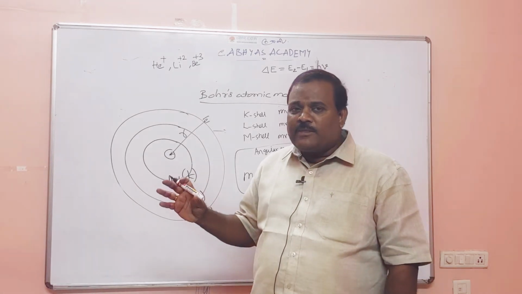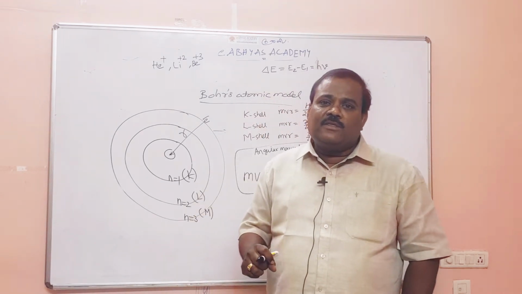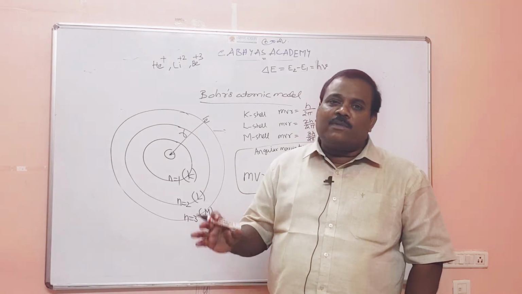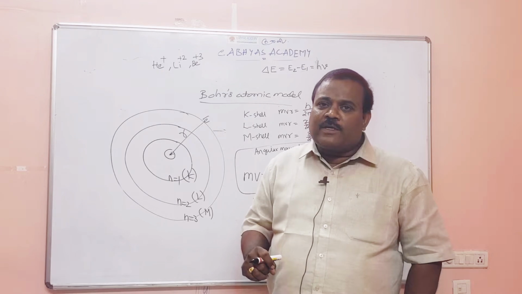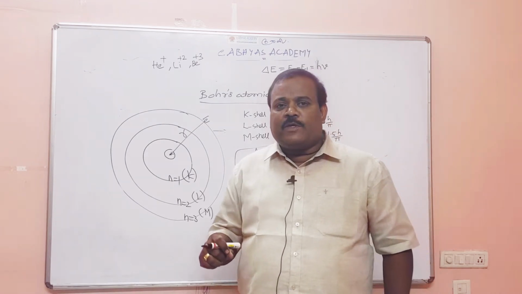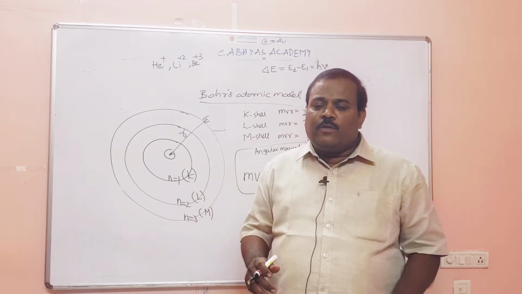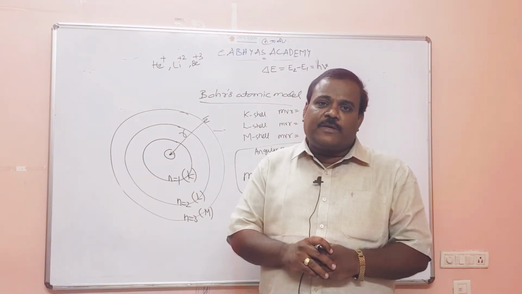However, this theory has some drawbacks. The first drawback is it could not explain fine spectrum of hydrogen. When hydrogen spectrum was observed under a powerful spectroscope, some lines were found to be a group of 2 or 3 lines, that is called fine spectrum.